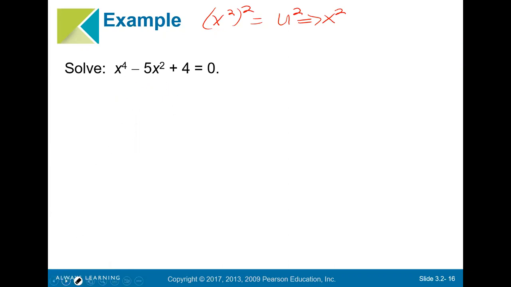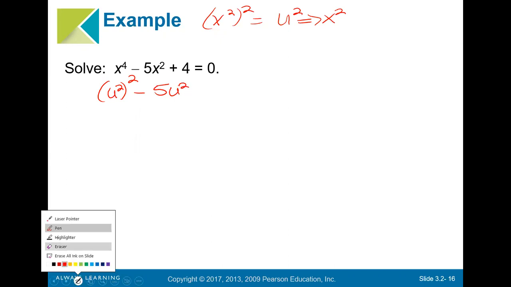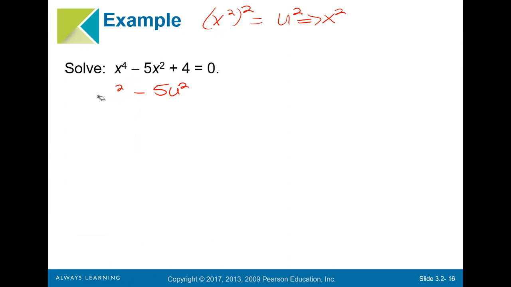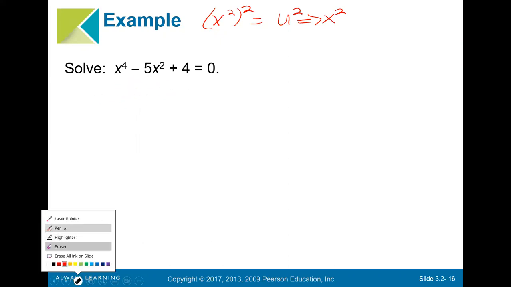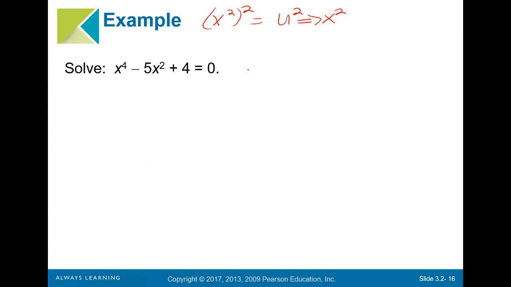So let's write it. My apologies, guys. I kind of talked a lot during this PowerPoint, so you may have to pause it, take a break, come back. So x squared raised to the square, we know it's x to the 4th.